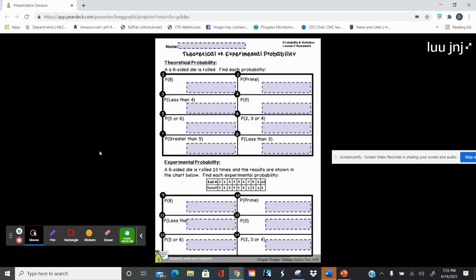This worksheet will also be on Google Classroom, but they're separate things. The "You try" is just going through what we did in class, but this is your actual homework. I will also post this onto Google Classroom.